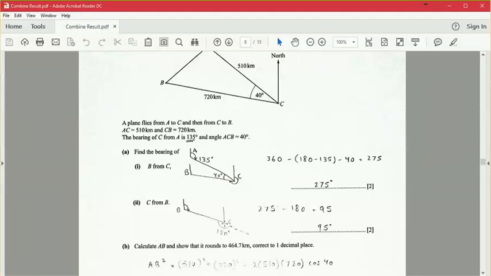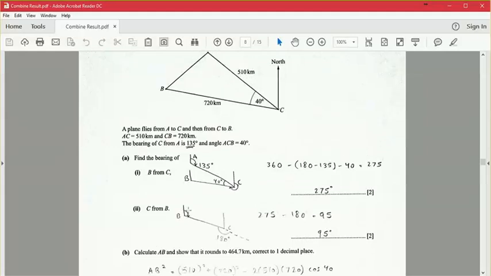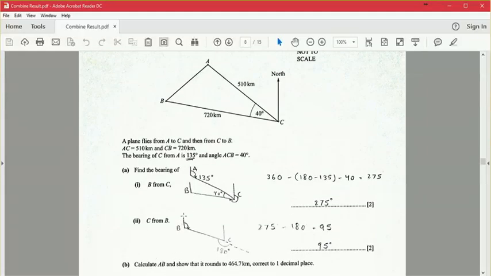Then C from B. What angle does he want exactly? He wants this angle here. And this line is the north. So how can we get it? We can see that if we extend this line, we get 180 degrees.